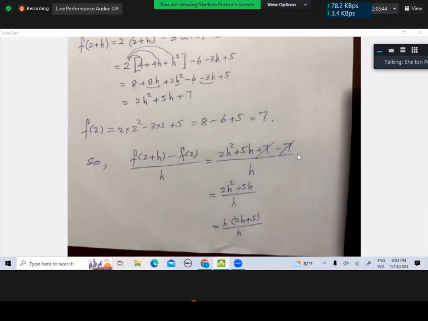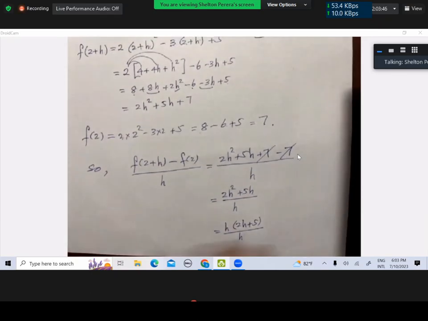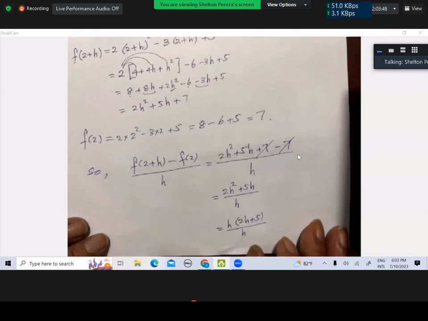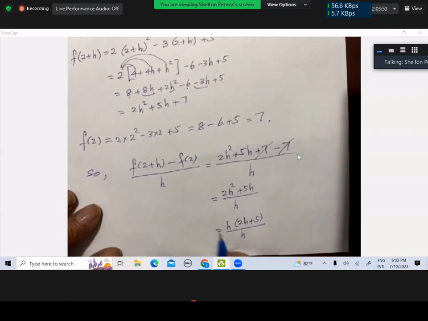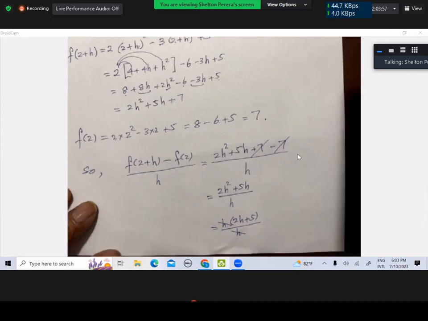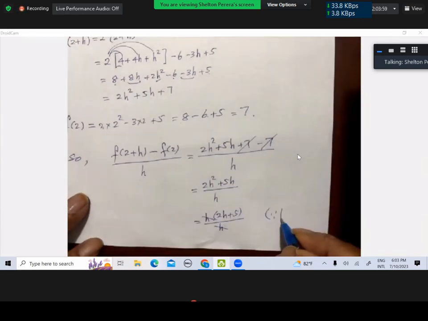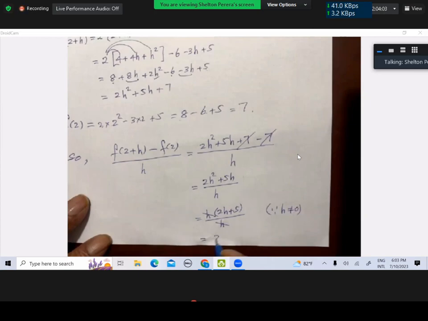But if you are out of touch, you might forget them. h is not equal to 0, therefore I can cancel that to that, since h is given to be not equal to 0. So this is equal to 2h plus 5 for h not equal to 0.